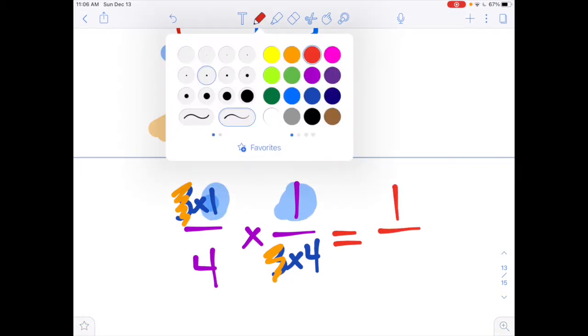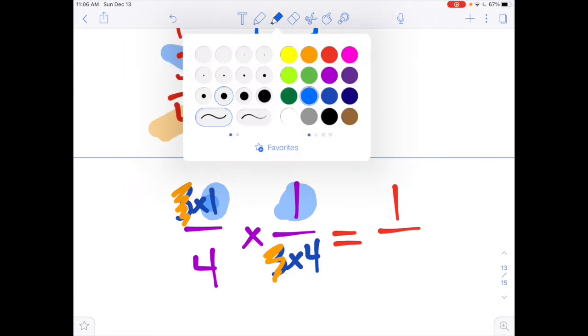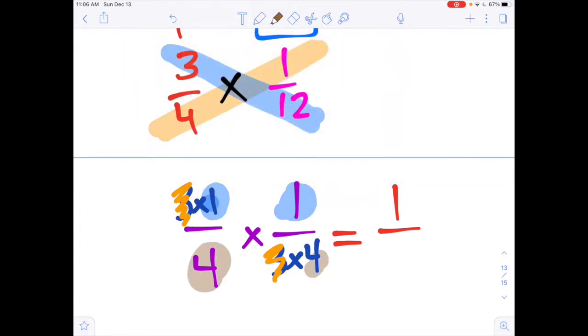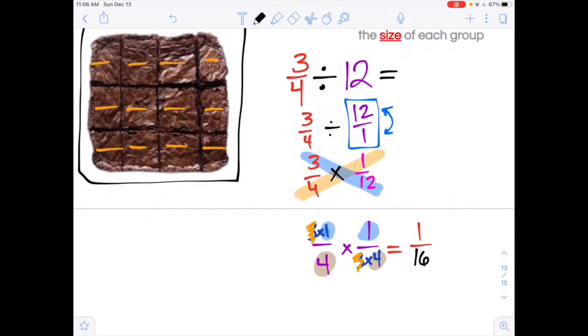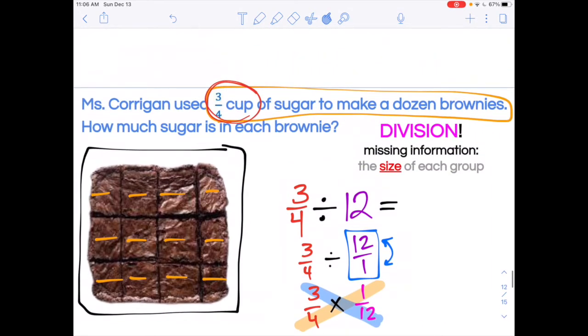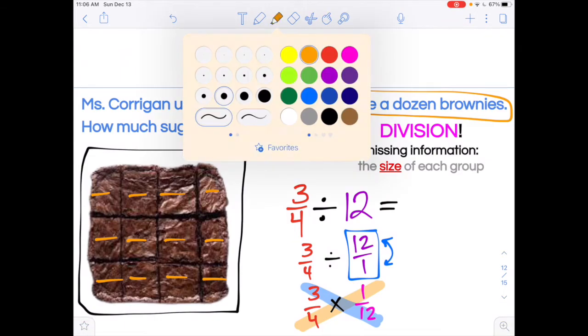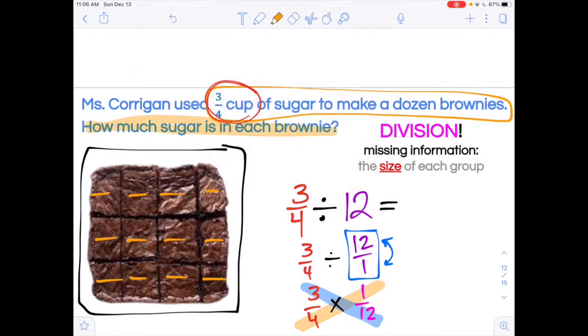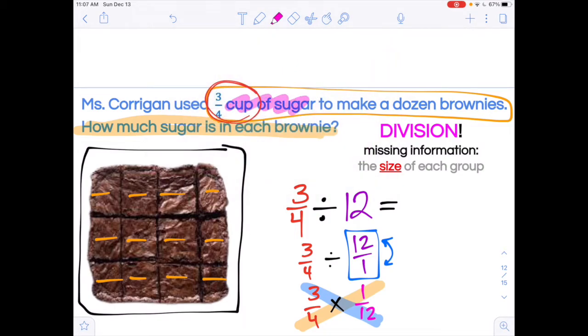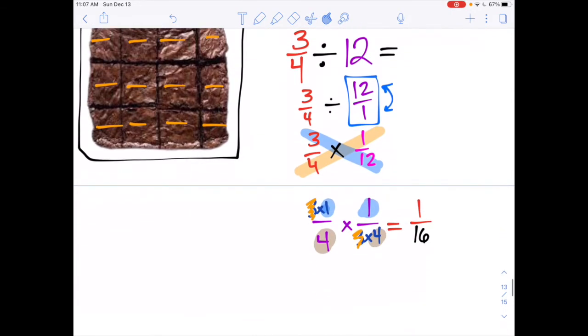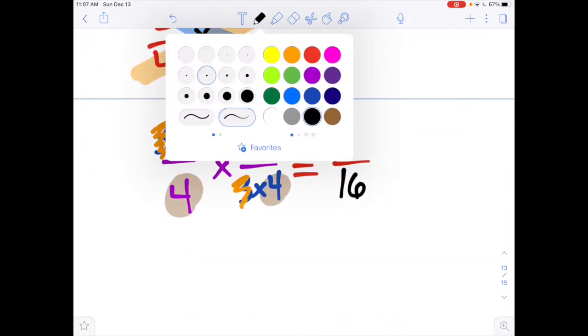And on the bottom, I have 4 times 4, that's 16. My answer is 1/16, but not 1/16 of a brownie. Let's go back. How much sugar is in each brownie was our question. So it's not 1/16 sugar because the other sugar was measured in cups. Then this answer is 1/16 of a cup of sugar.